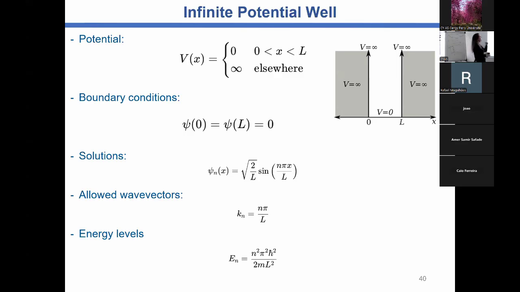So here we can see that the electron can go inside this wall from 0 to L, and the potential wall will be infinite in these boundaries, and we can describe the movement, the momentum, and the energy of this electron.